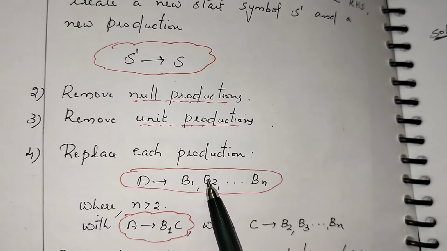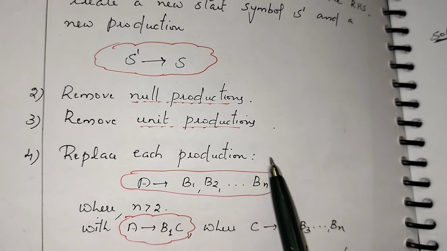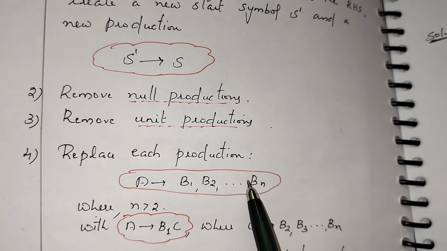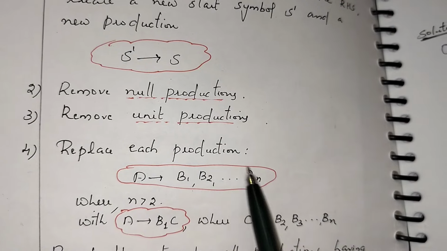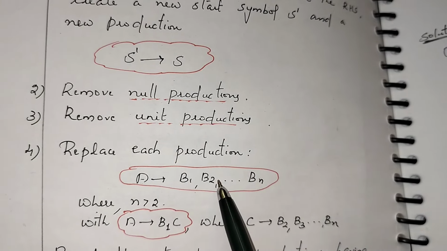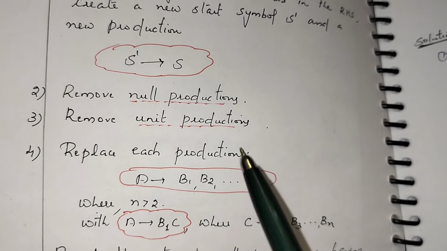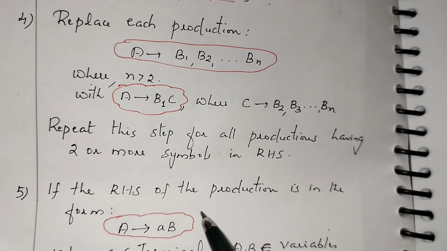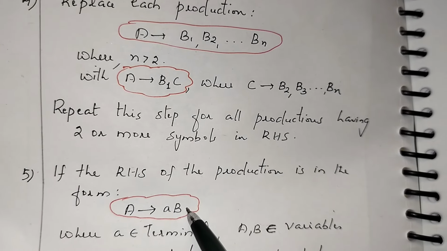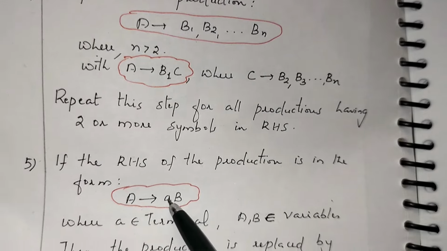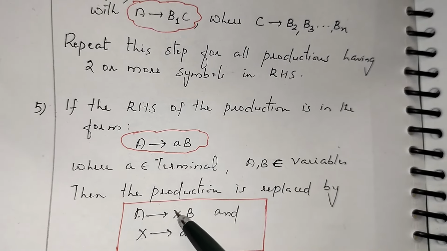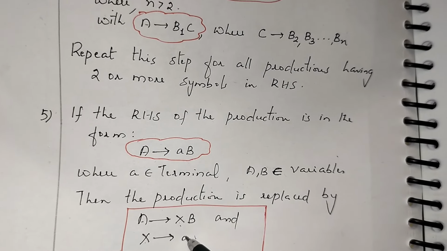Then you need to check whether the right hand side has two non-terminals only or a single terminal only, otherwise you need to create a new non-terminal and add the corresponding production. If it is a combination of terminal and non-terminal, again you need to replace the terminal with a new non-terminal and give the production rule for that non-terminal. Okay.